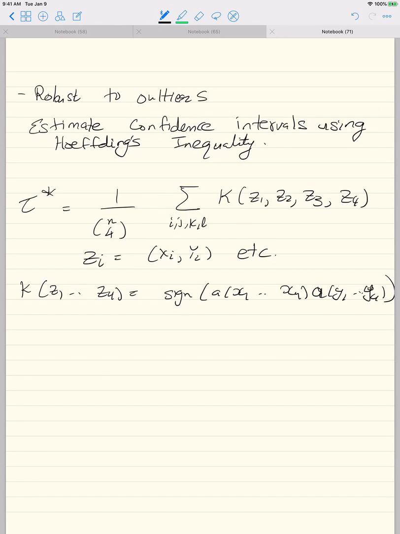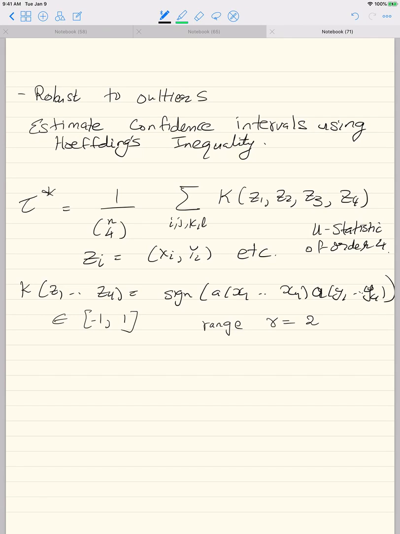The issue here is that this is not a sum of IID samples because z1 to z4 are being reused. So this is a U statistic of order 4 because each term in the summation has 4 independent copies of the random variables. Note, however, that each term is between -1 and 1. So the range r, which is the length of the interval, is 2.